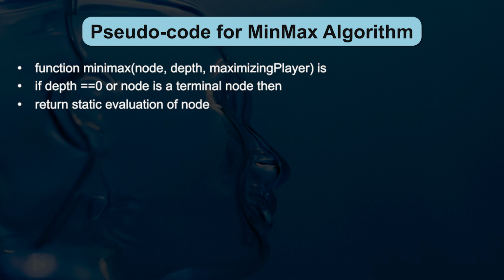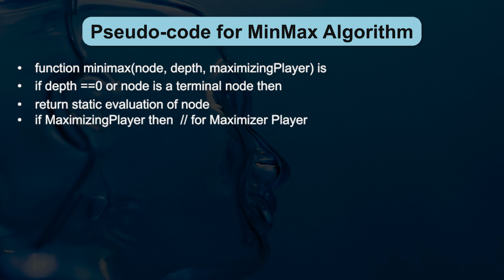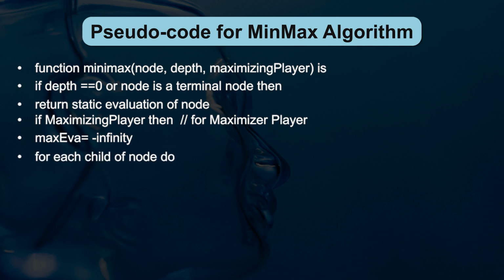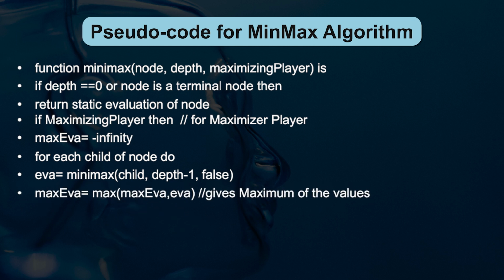Step 5, if maximizing player, then for the maximizer player, step 6, maxEva is equal to minus infinity. Step 7, for each child of node, do eva equal to minmax(child, depth-1, false). Step 9, maxEva is equal to max(maxEva, eva), that means it gives the max of the values. Step 10, return maxEva.